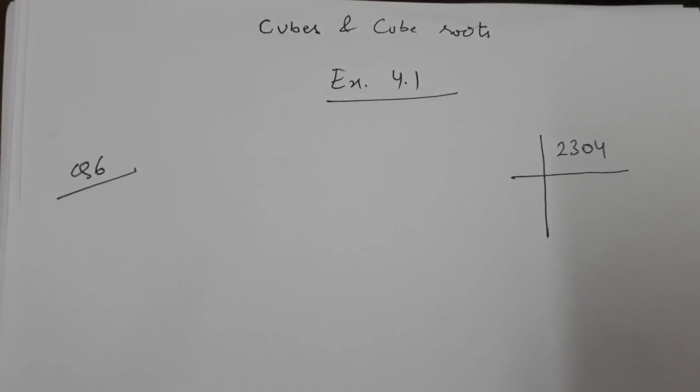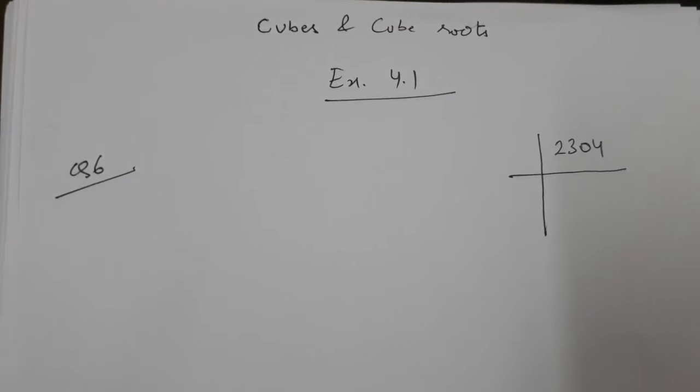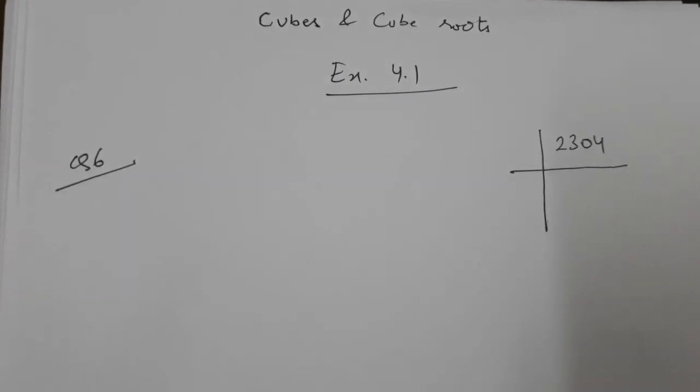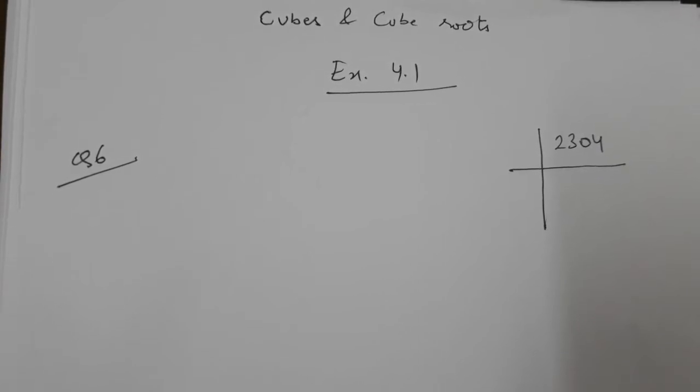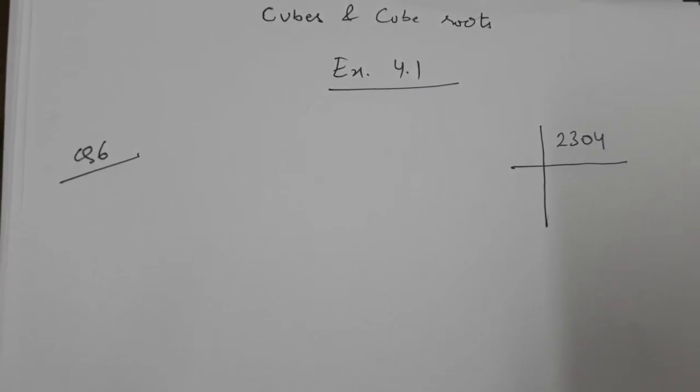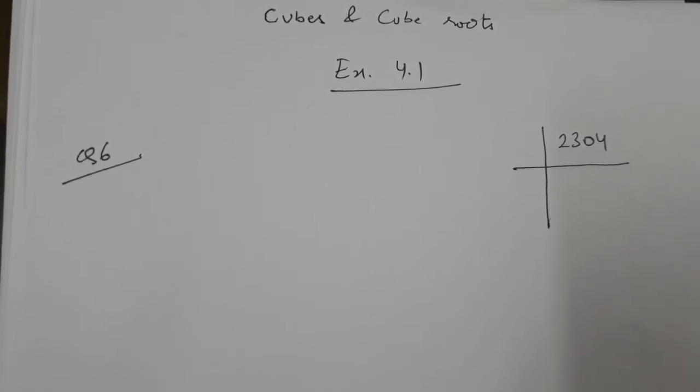In my previous video of cubes and cube roots I solved question number 1 to 5 of exercise 4.1, and as per the viewers' demand I am solving the cube and cube roots chapter in between the factorization of algebraic expressions.